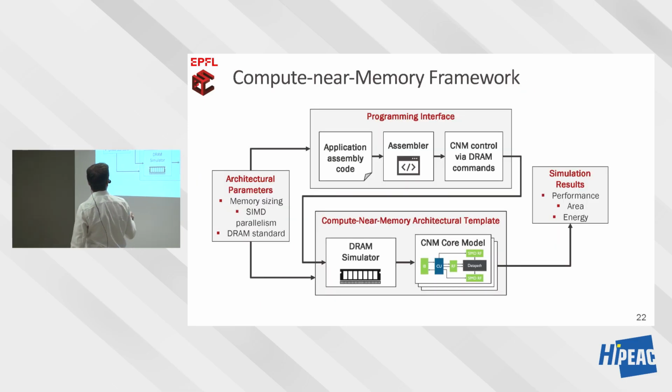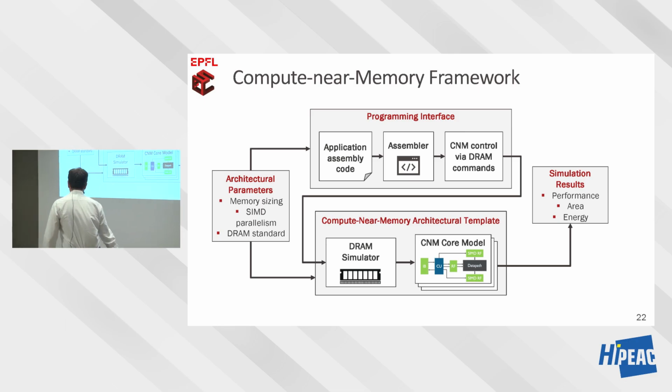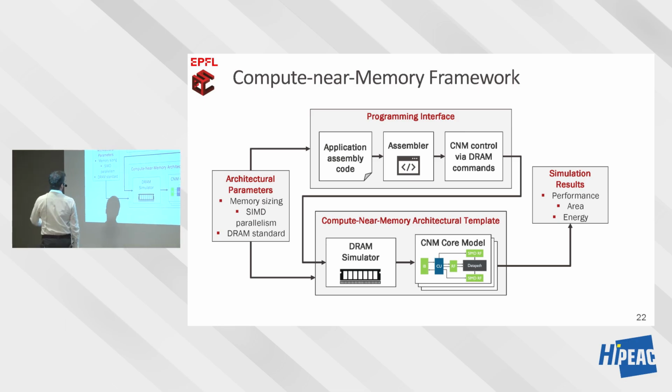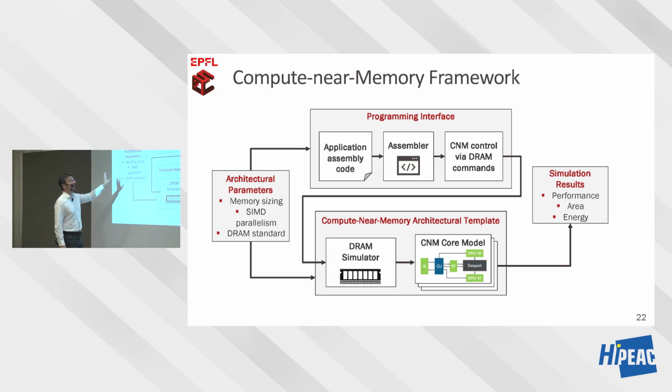This is what our framework looks like. The inputs are architectural parameters: memory size, the parallelism, the DRAM standard. And then on the programming interface side, the user can program some assembly code which translates into DRAM commands.